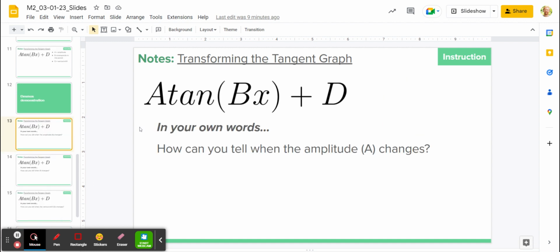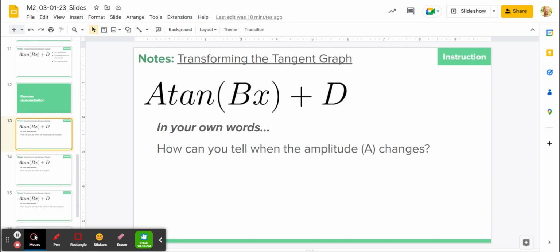To close out our notes today, I just wanted to explore this tangent graph with you, so we can recognize what happens when A changes, B changes, and D changes, so we can pick these out. If you go to Desmos and pull out the Desmos activity titled Tangent Graph, you will be able to play with an A slider, B slider, and D slider.